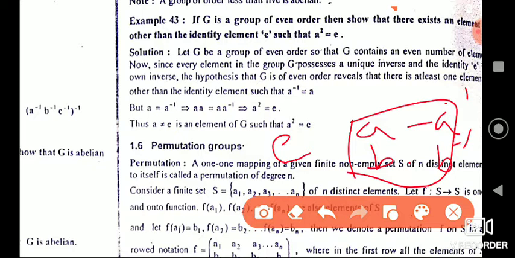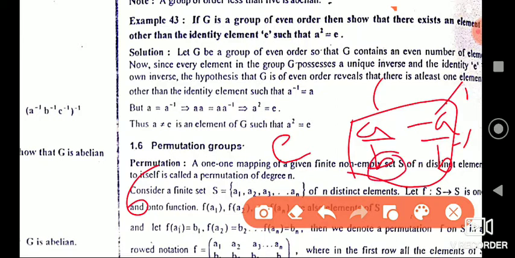Then the hypothesis of even order reveals that there is at least one element other than the identity element such that A inverse is equal to A. Let's say you have 6 elements, that is the order of group G. Then one element A has its inverse as A inverse, so 2 elements over here.